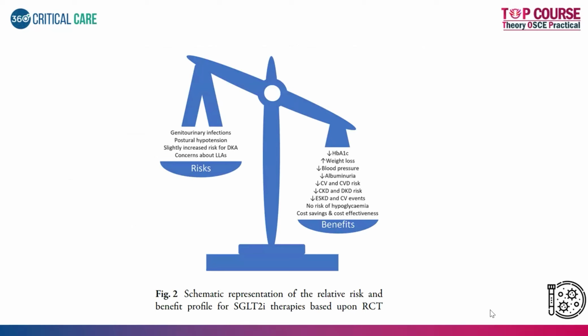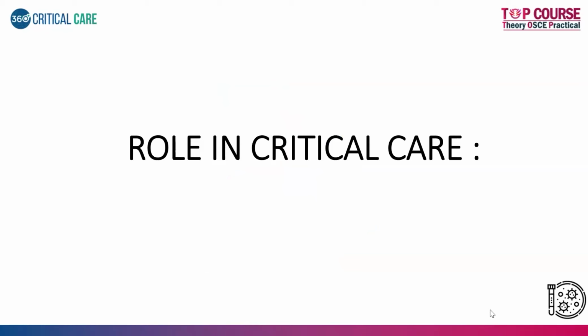It has very minimal risk compared to the benefits. That is the reason most societies, as you saw in the previous presentation, give it a class 1 recommendation, especially in patients with heart failure with reduced ejection fraction, and also moderately reduced ejection fraction. Okay, so coming to the role of SGLT2 in critical care per se.